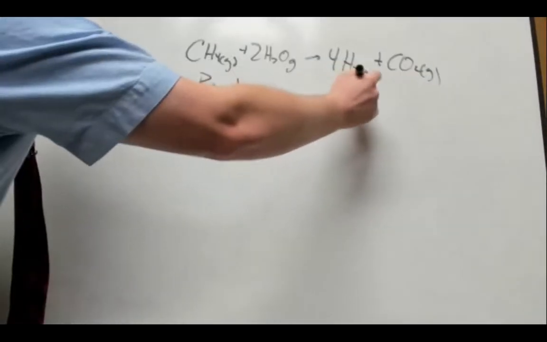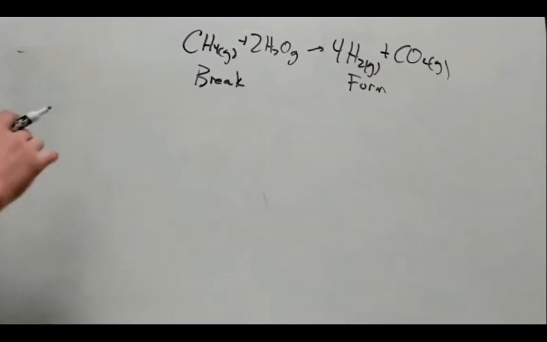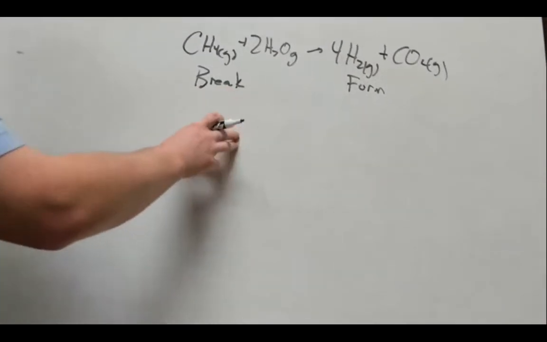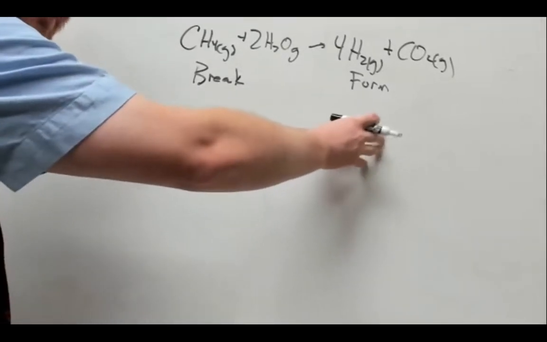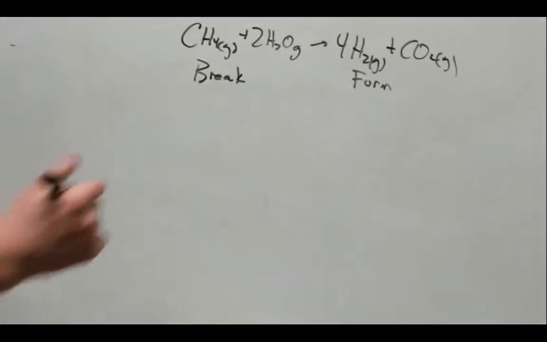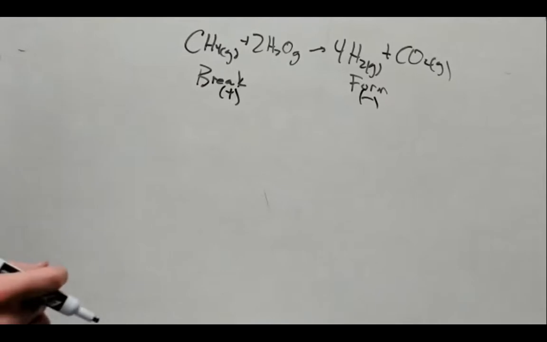We're going to form bonds over here, right? And so we know the sum of the bonds broken plus the sum of the bonds formed, but this will always be a negative number, right? So this is always positive, this is always negative, will give us the delta H of the reaction.